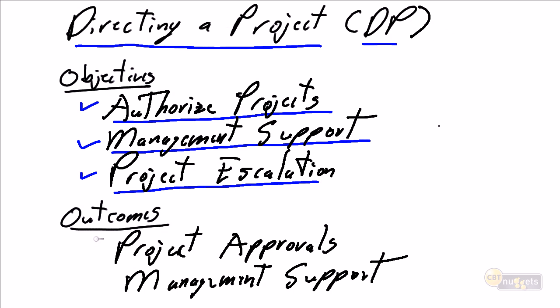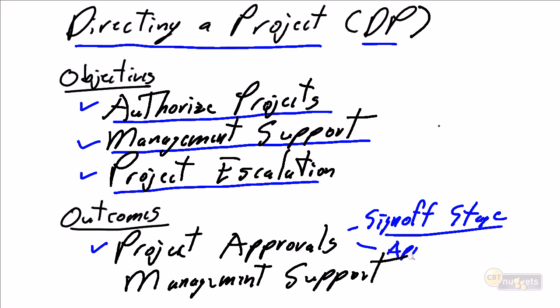There are no formal outcomes from directing a project, but the true outcomes from directing a project is the approval for the project. We get sign off from a stage that says this stage is complete, your deliverables from this stage are complete, and you have satisfied the expectations of what it is the stage is going to do, and we have approval to proceed to the next stage.